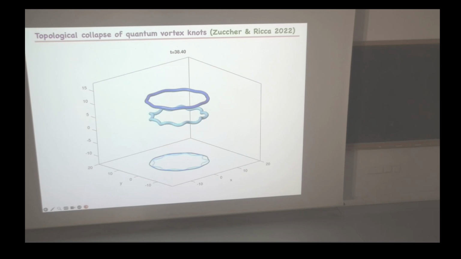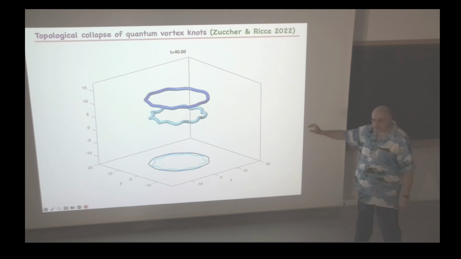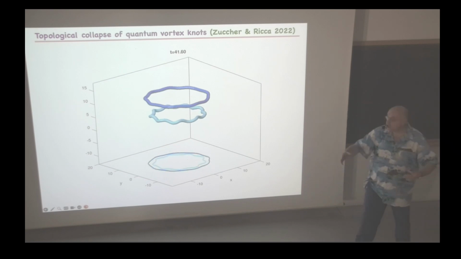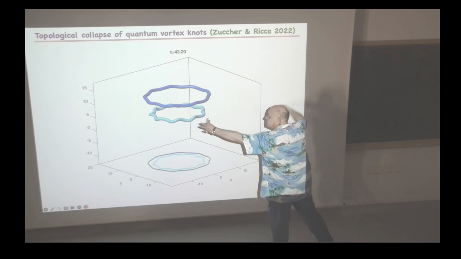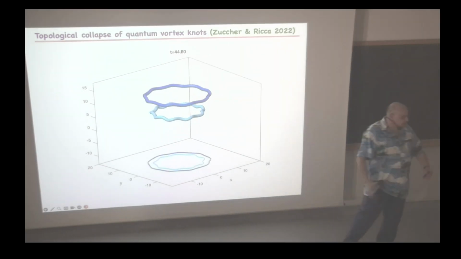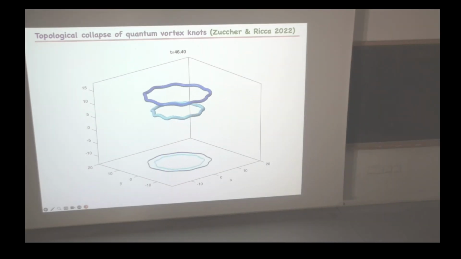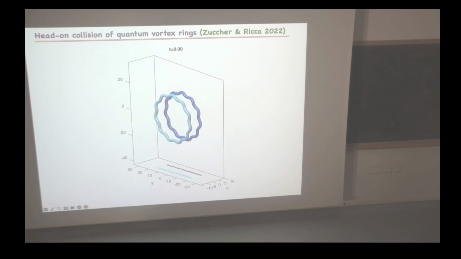Then the disappearance of these little loops is just due to resolution, or to the fact that these loops are shot away from the center of the numerical box, say. Here, well, you read it, head-on collision.